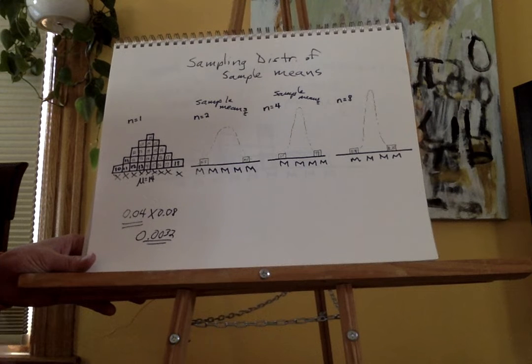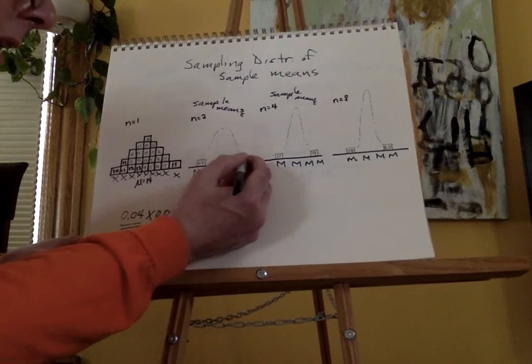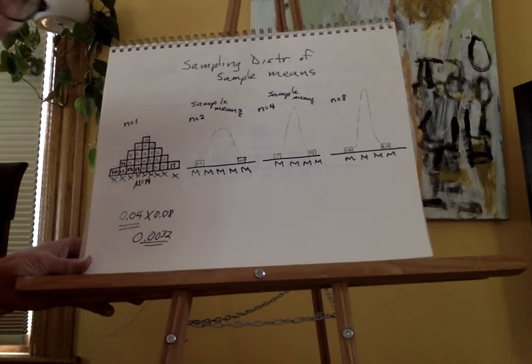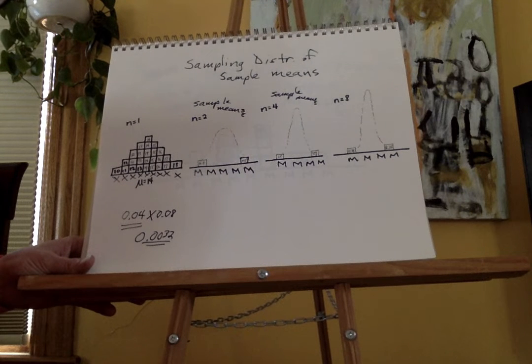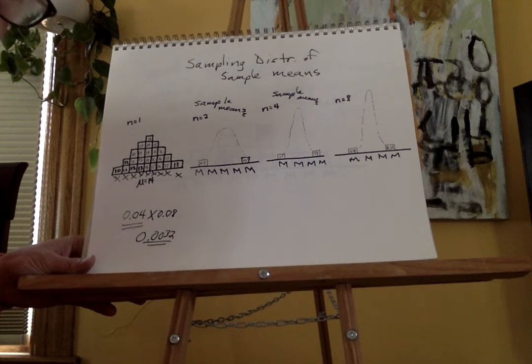If we pulled out the 17 and the 18, what's the average for that sample? 17 plus 18 divided by 2 would be 17 and a half. So it's right here. That would be a very unusual event, very rare.